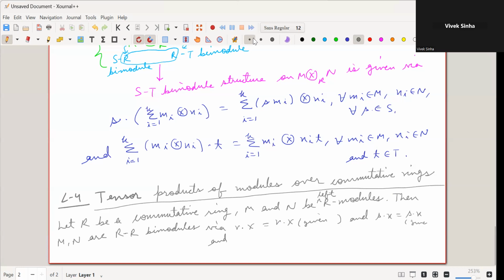This is also given, and this should hold for all r belonging to R, s belonging to S, x belonging to M.